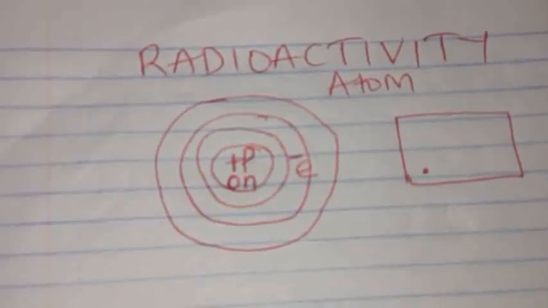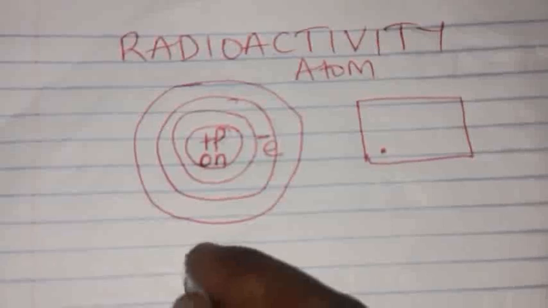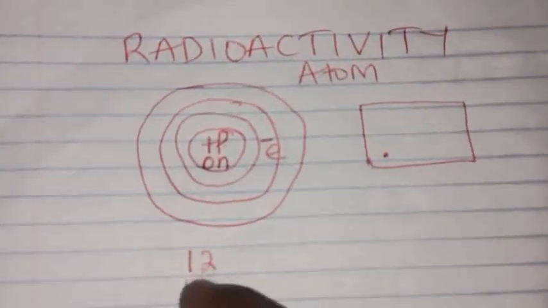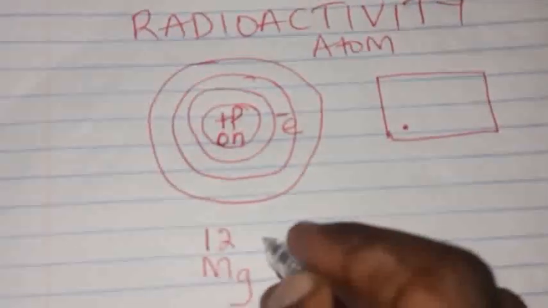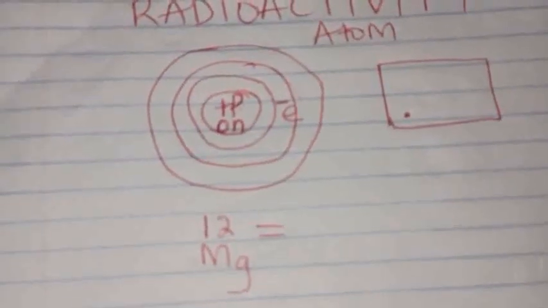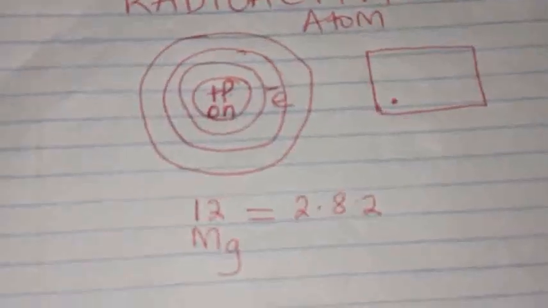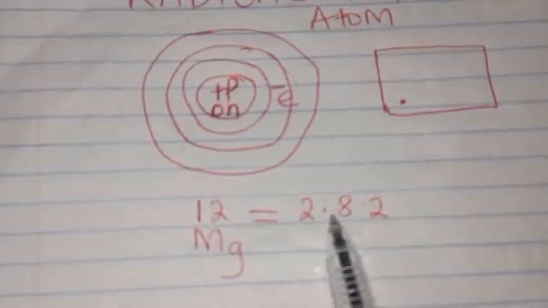To proceed from there, you should also note this. If an element is atomic number 12, that obviously must be an element called magnesium. And this element ends up having an electron configuration or an electron arrangement of 2, 8, 2. These electrons give us what we call an electron arrangement.